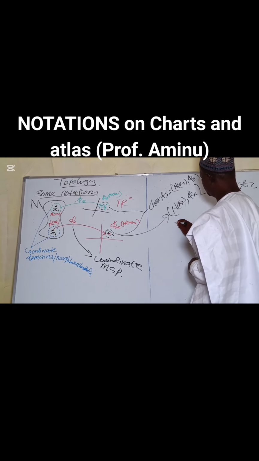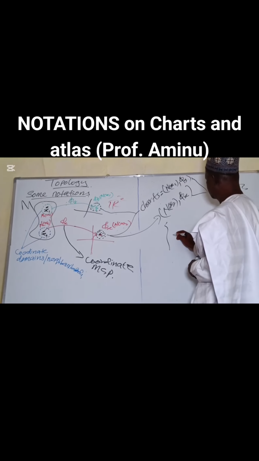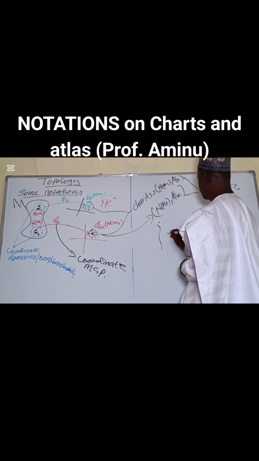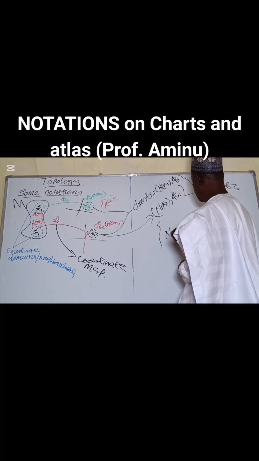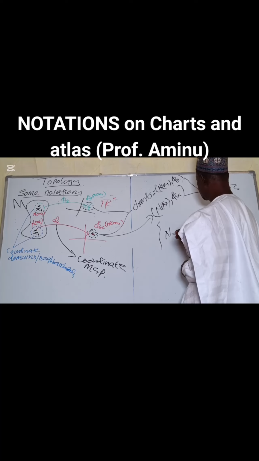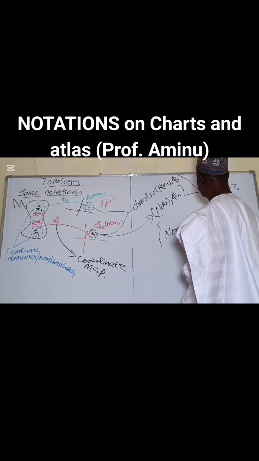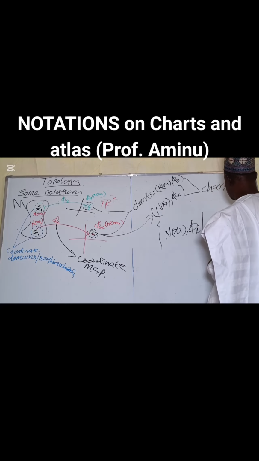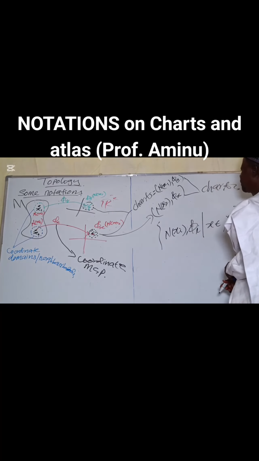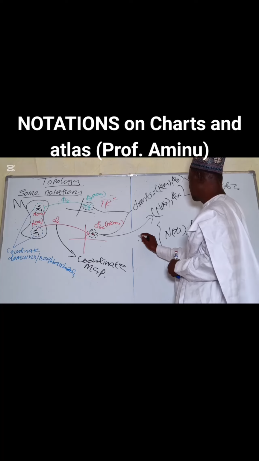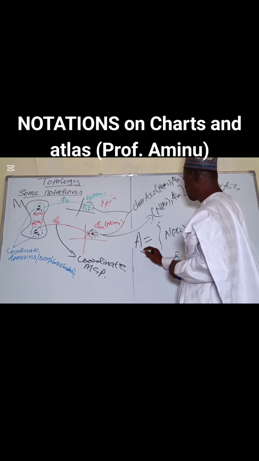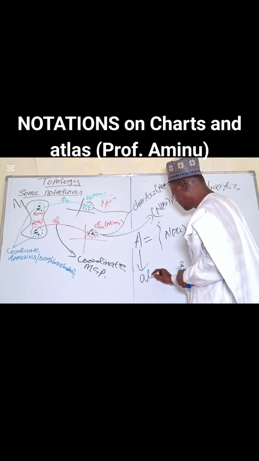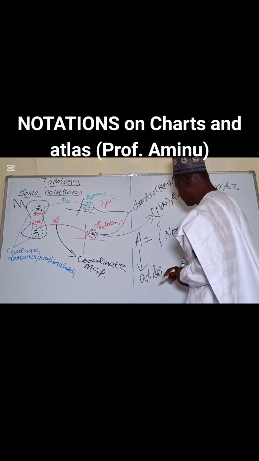But if I now collect all of them, all the N of Xi with phi i, where each X is a point in the manifold, when we collect them, we are going to produce what we call an atlas.